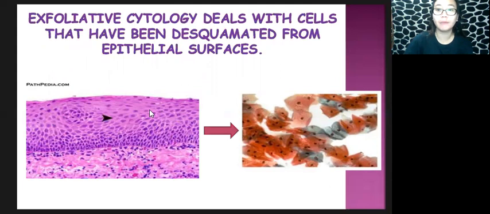Thus they become part of your fluids or of any body sample for that matter. Under the microscope, you would be able to see just your desquamated cells, just like in this particular image. You can see a lot of squamous epithelial cells that have been desquamated from your epithelial surface.